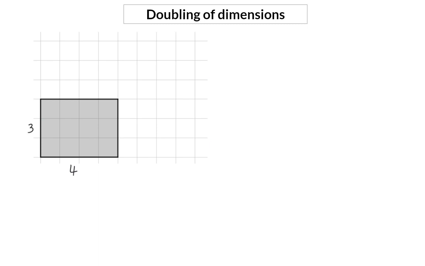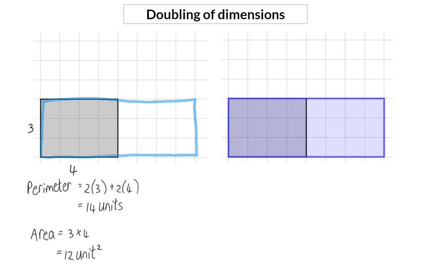Let's now have a look at what happens when we only double one of the dimensions. So the 3 units length will stay 3 and our breadth will become 8. What influence will this have on the area and perimeter? If we calculate the new perimeter, we still have two sides of 3 units, but now we have two sides of 8 units, and that gives us a new perimeter of 22 units.